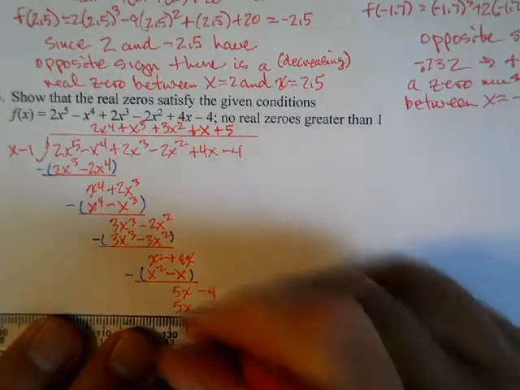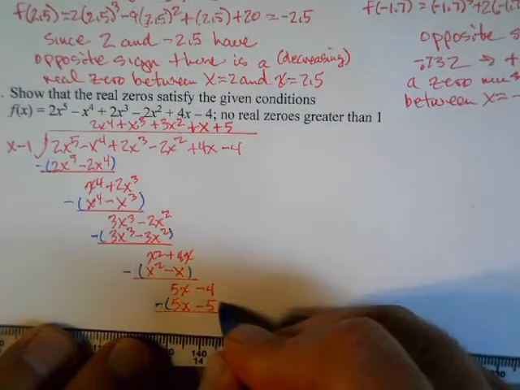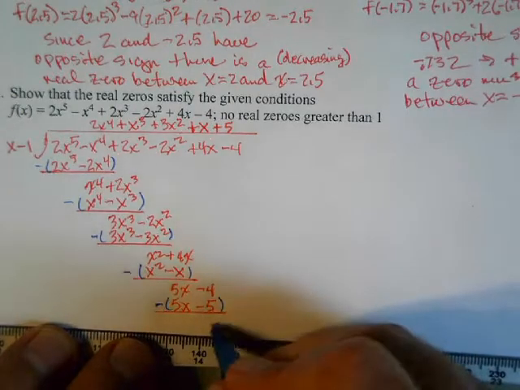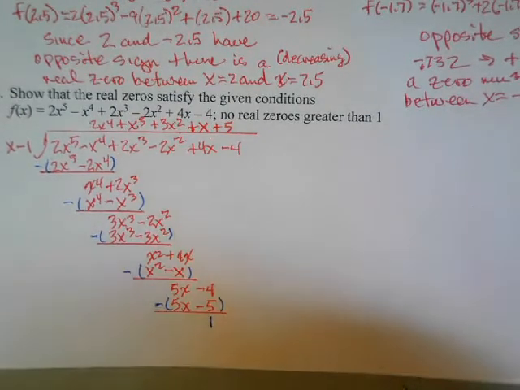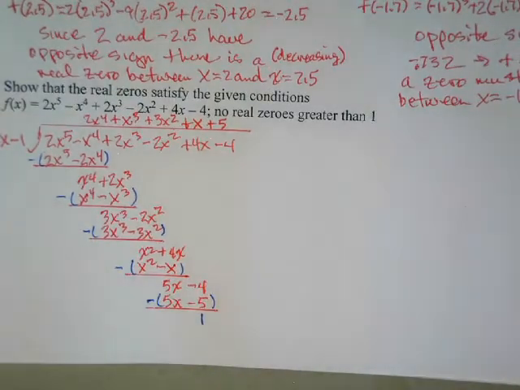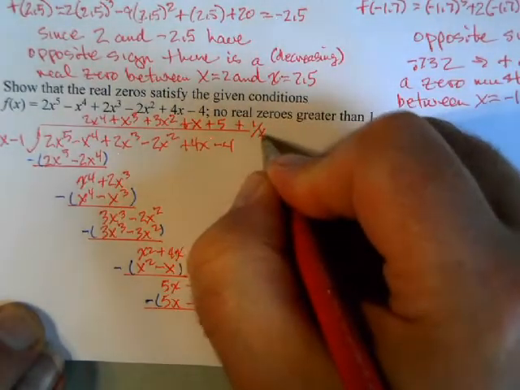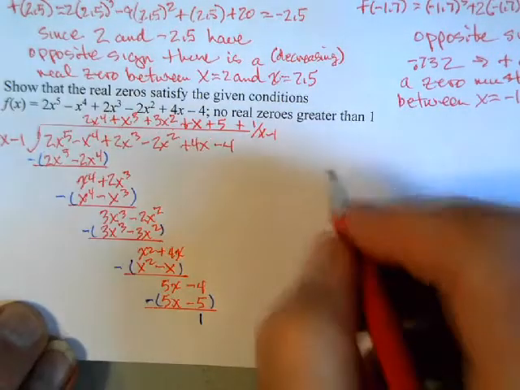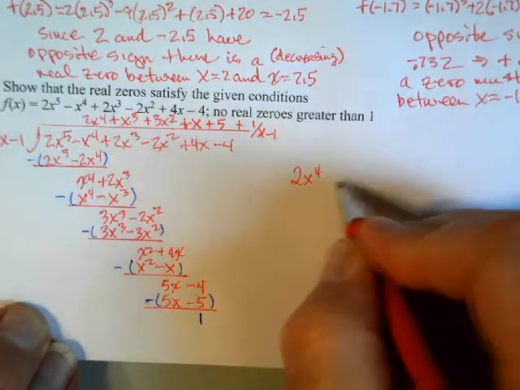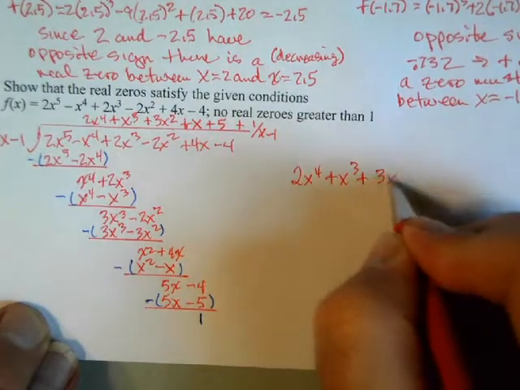Negative 4 plus a 5 gives me just a 1. So that's my remainder. So put that up here, plus 1 over x minus 1. So I'm going to rewrite the answer out, and we got 2x to the 4th plus x cubed plus 3x squared plus x plus 5 plus 1 over x minus 1. So there was the result.